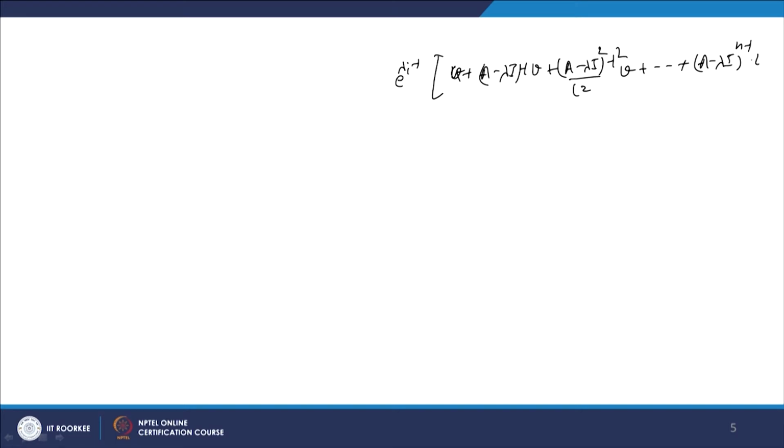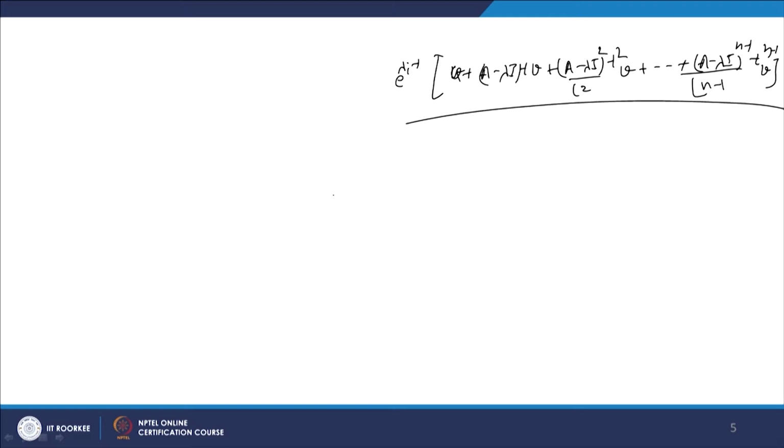What will the solution look like? The solution corresponding to lambda_i is e to the power lambda_i t, and here u is the eigenvector, plus (A minus lambda_i I) t v, plus (A minus lambda_i I) squared t squared upon factorial 2 v, and so on up to (A minus lambda_i I) to the power n minus 1 t to the power n minus 1 upon factorial n minus 1 v, right.